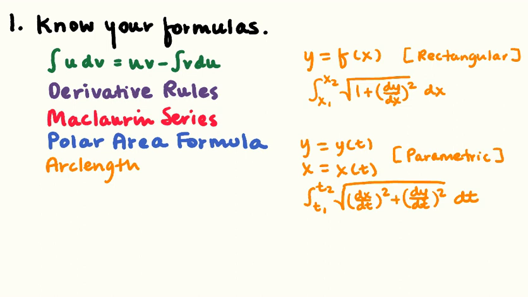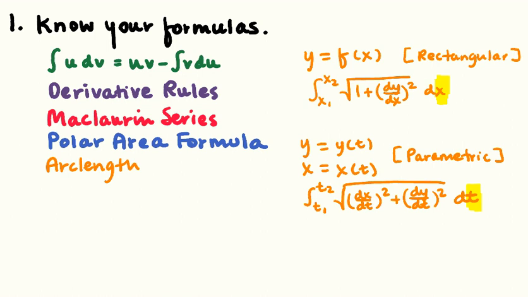Really, the thing that gives these away is the variable of integration, right? If it's given to you as x equals some function of t and y equals some function of t, you don't go back to dy/dx. We can find dy/dx on a parametric curve, right? We take dy/dt and divide it by dx/dt. That's probably another thing you need to know. There's probably a few more things on parametric equations that I would say you need to memorize, but I'm not going to include them in know your formulas.